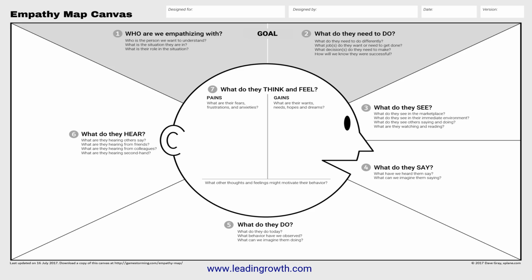The goal of the exercise is for the team to create a degree of empathy with the customer and to synthesize the information onto a map so that the stakeholders, decision makers and other viewers of the map also gain a better understanding of the target market and can empathize with them. This is what we call an empathy map.